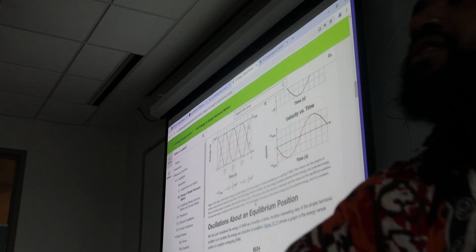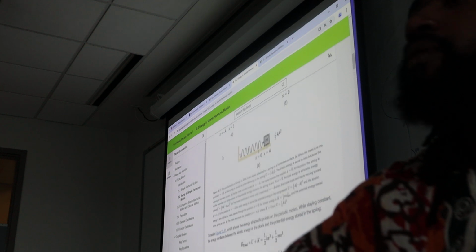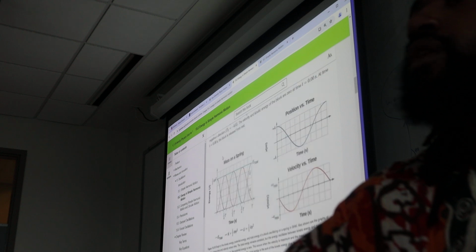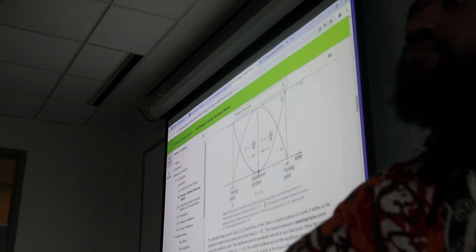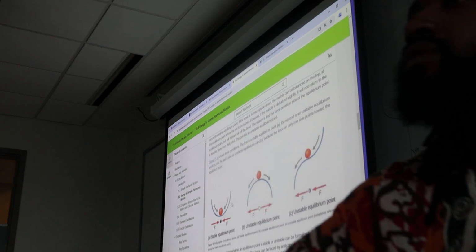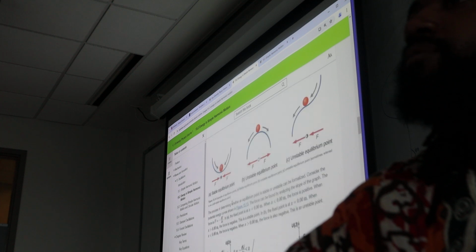So that's that, and then there's a total energy that's constant, because it's potential plus kinetic. Alright. So that's equilibrium.